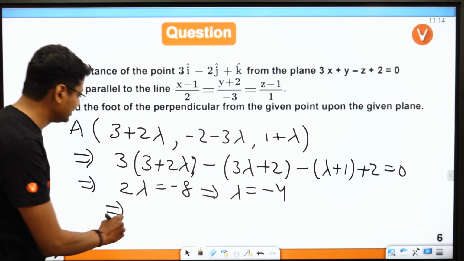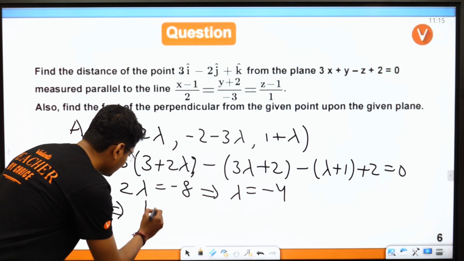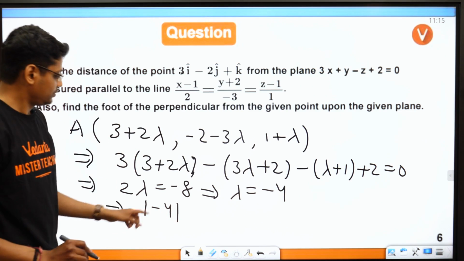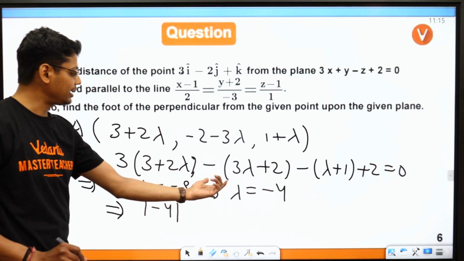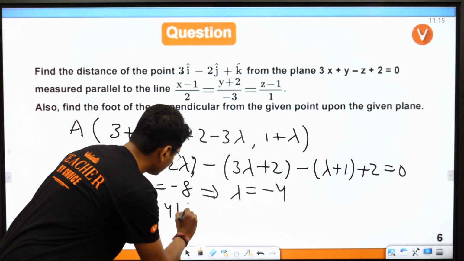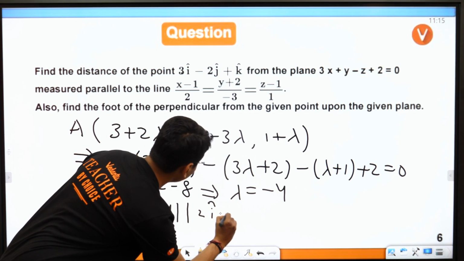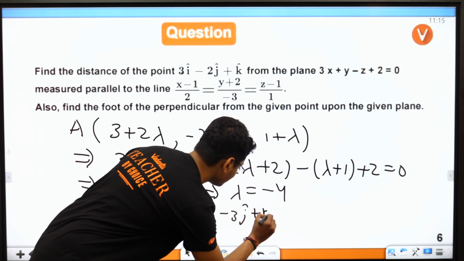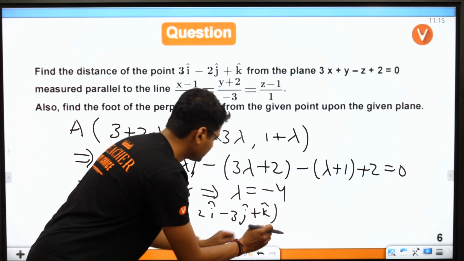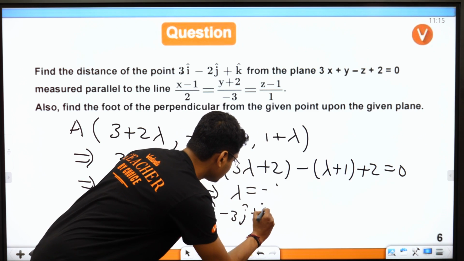So this basically means mod of minus 4, that is mod lambda, times the magnitude of this vector, 2i cap minus 3j cap plus k cap, and this should be my answer.